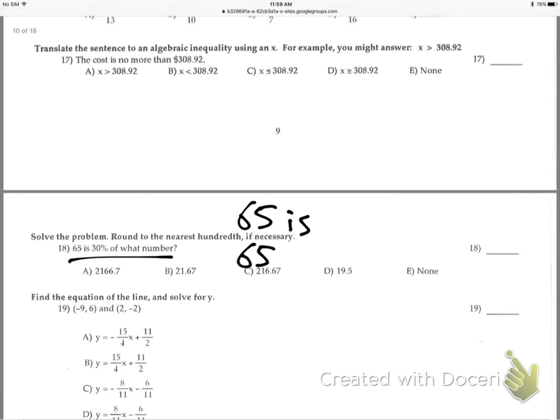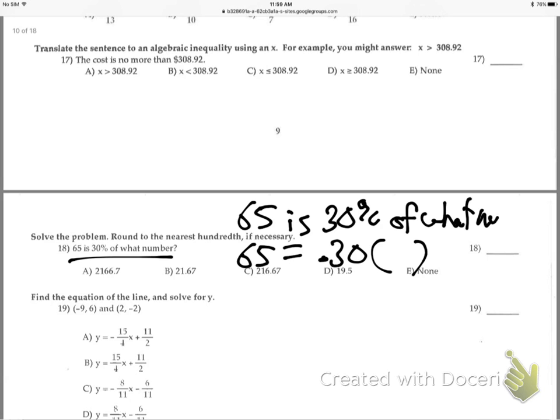So I'll just write it up here. 65 is, that means 65 equals. 30%, what do we do with 30%? 0.30, right? Decimal goes back 2 places. Of, what is of always? Times. The what number? That's your x. See how I went straight from English to math? 65 equals 0.30 times x. And then we just solve for x.